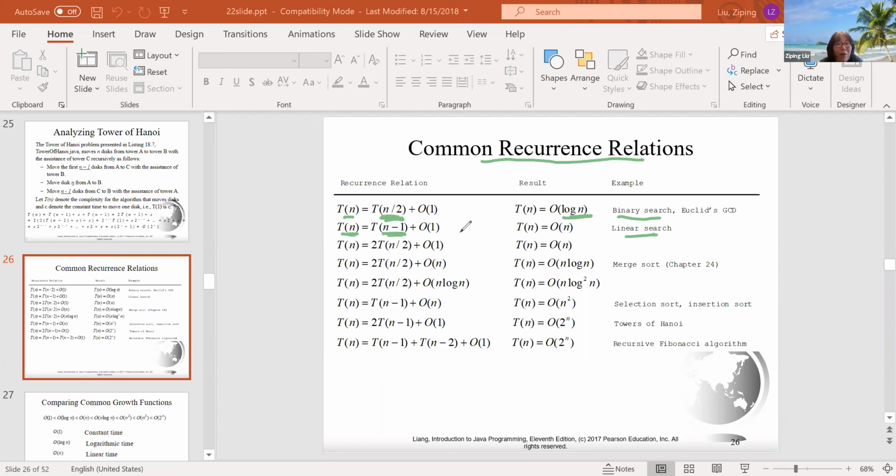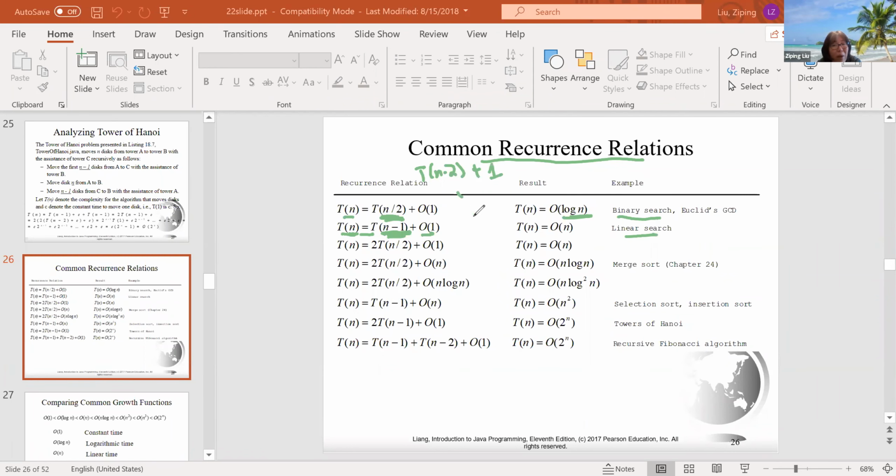Regarding linear search, you can also do something like this. Each time you shorten your search list by 1, if you apply the recursive way. So it can be decomposed to n minus 1 plus something, which can further be decomposed to n minus 2 plus some constant.